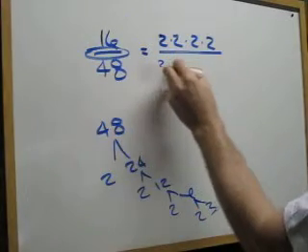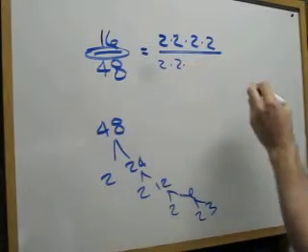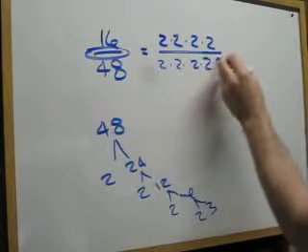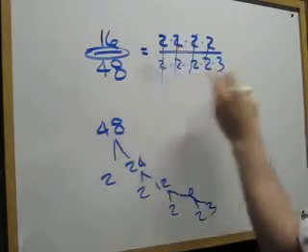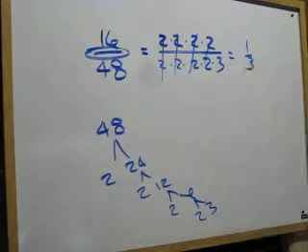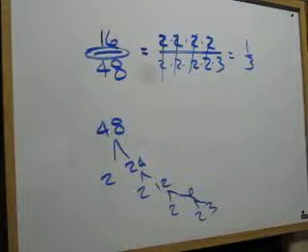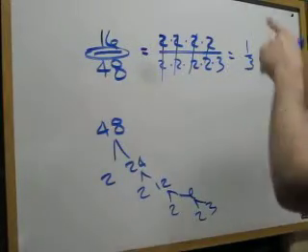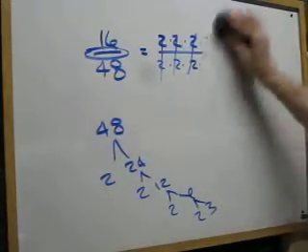So we get 2 times 2 times 2 times 2 times 3, and then we divide out and we're left with 1/3. So for example 1, express the ratio of 16 to 48 as a fraction. You're just going to reduce that to 1/3, and that's what they're going to want for an answer.